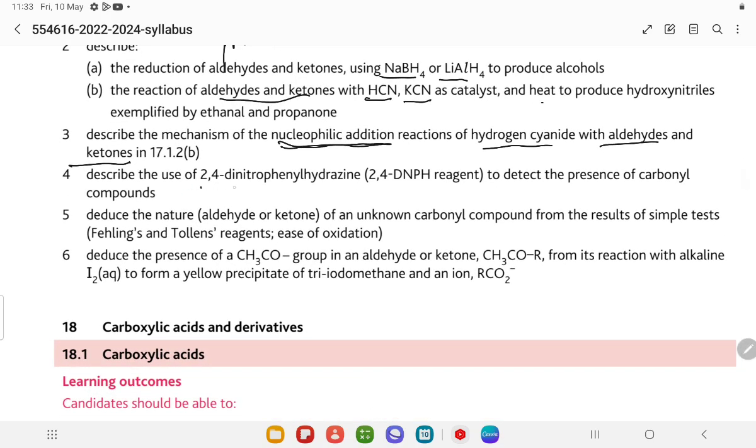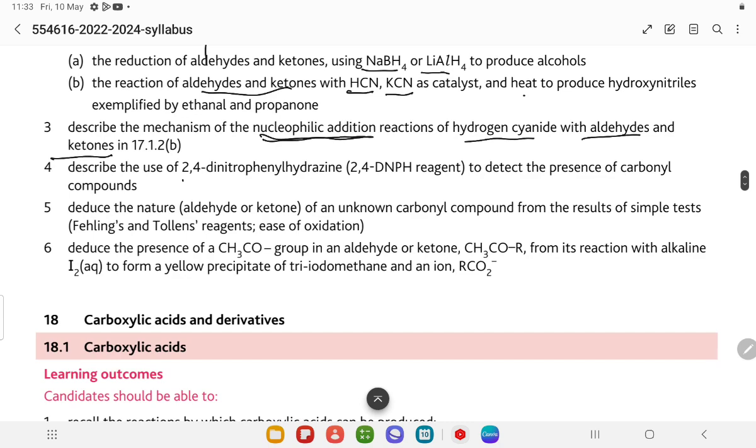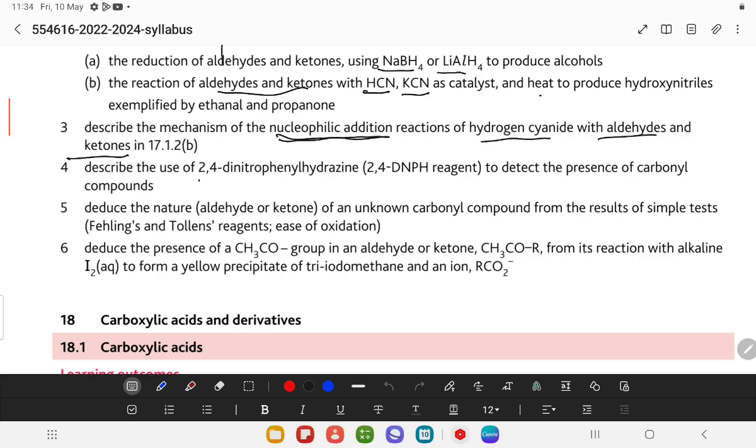Describe the use of 2,4-dinitrophenylhydrazine to detect the presence of a carbonyl group. 2,4-dinitrophenylhydrazine is a confirmatory test of carbonyl compounds.